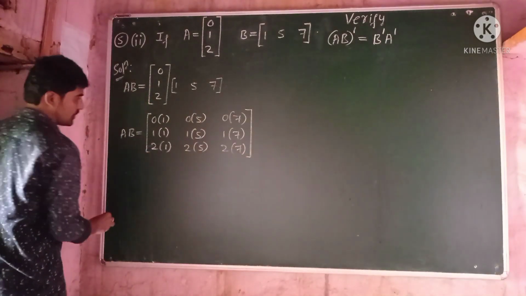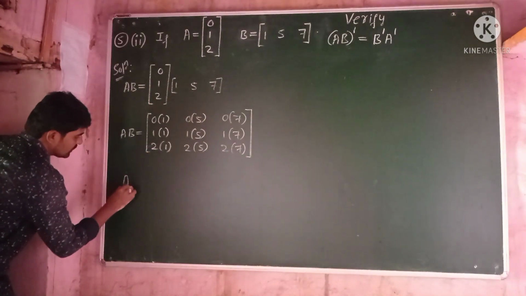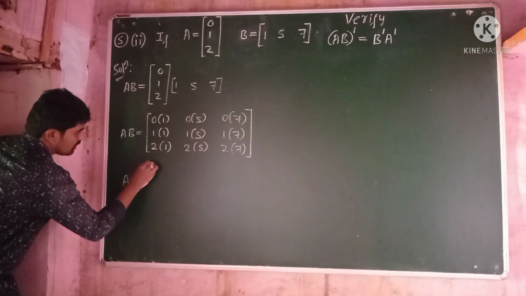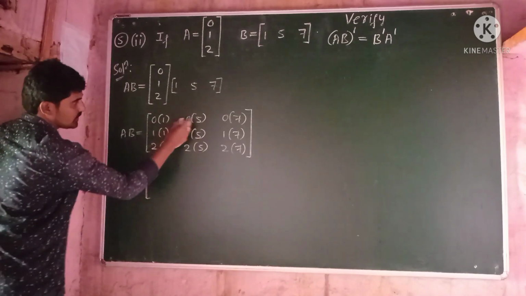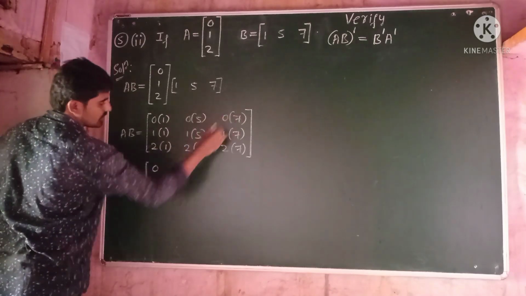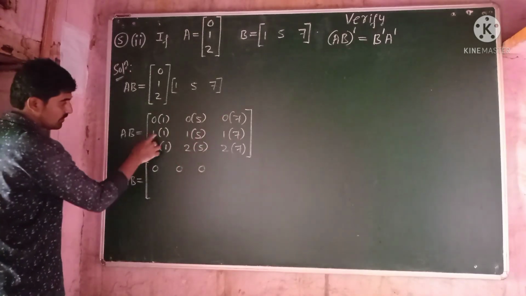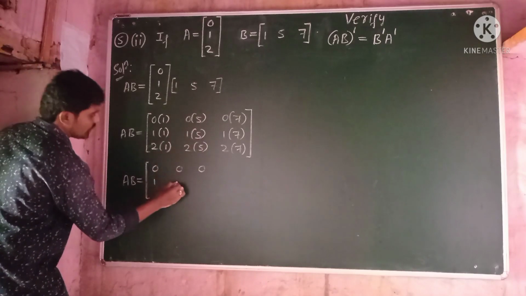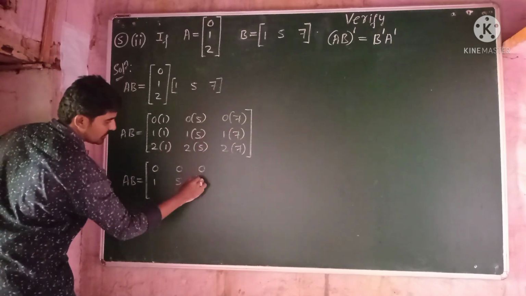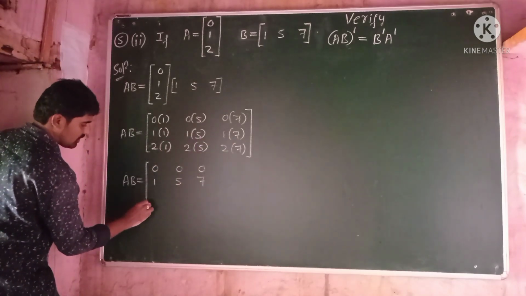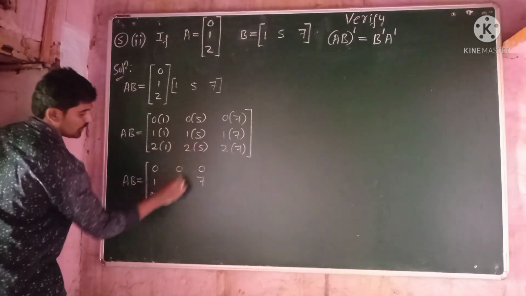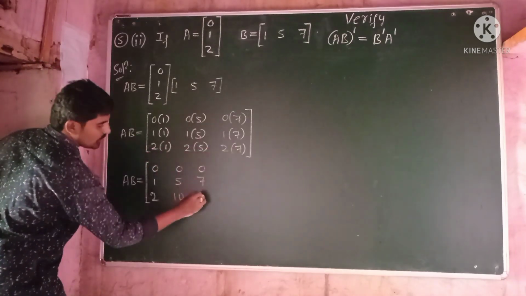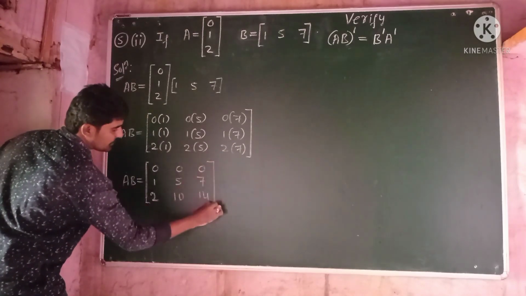Therefore required AB matrix is equal to 0 into 1 is 0, 0 into 5 is 0, 0 into 7 is 0, 1 into 1 is 1, 1 into 5 is 5, 1 into 7 is 7, 2 into 1 is 2, 2 into 5 is 10, 2 into 7 is 14.